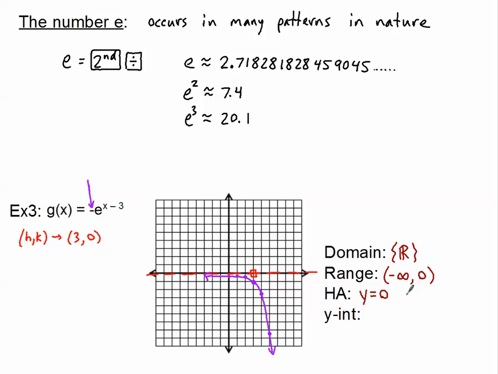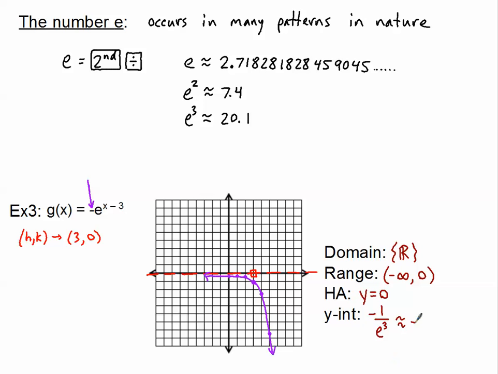And our y-intercept, I see where it crosses the y-axis, but what is that number? Well, if you remember, this was down 1. So this is down 1 over e. This is down 1 over e squared, and this is down 1 over e cubed. So this is negative 1 over e cubed. I probably need my calculator to plug that in and see approximately what that is equal to.